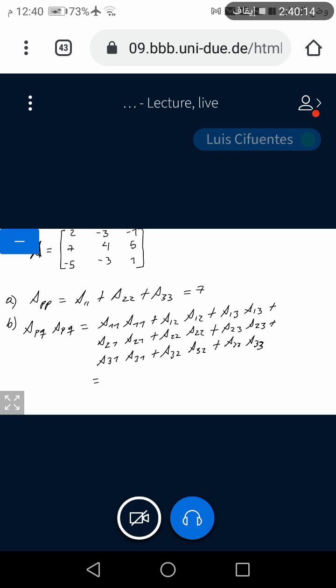So, let's write down here. This is just the square of every component, as you notice.